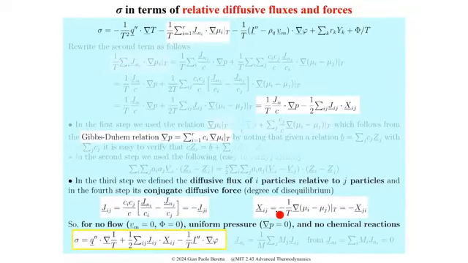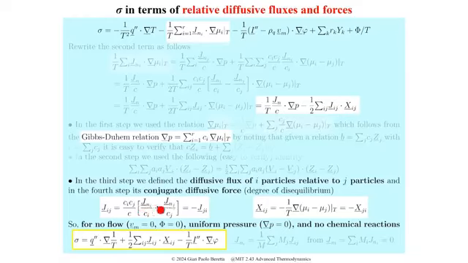And this other slide, which we reviewed last time, allowed us to write this term in the expression for the rate of entropy production in terms of independent fluxes, or actually in terms of these J_ij.